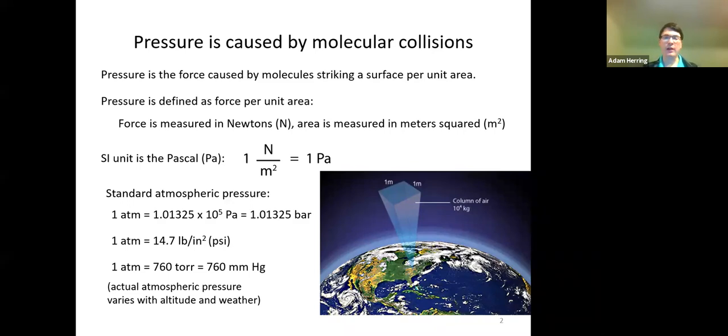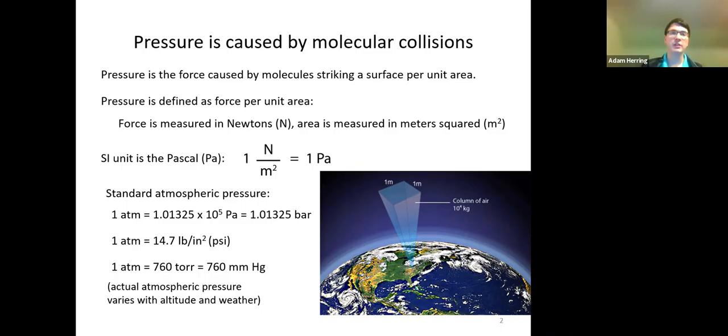While at sea level, the pressure is approximately 1 atmosphere, actual atmospheric pressure is going to vary both with the altitude and with the weather. And it's fairly easy to understand why altitude will make a difference. Again, imagine that we're talking about this column of air that's extending from the surface of the earth all the way to the edge of the atmosphere.